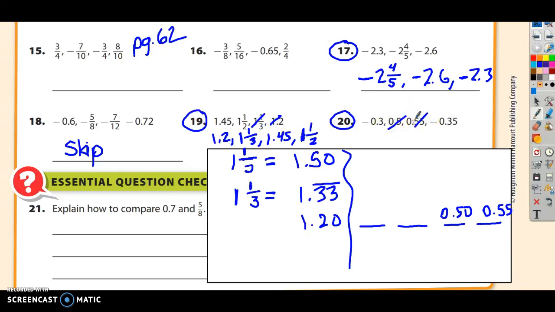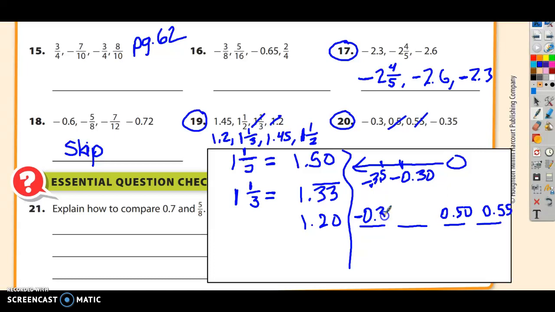Now I've got my negatives. So if I'm moving from 0 to the left, I would come to negative 0.3 first, because that's like 0.30, and then I'd keep going, and I'd get to negative 0.35. So that's going to be to the left. So if that's to the left, it's going to be the smallest.